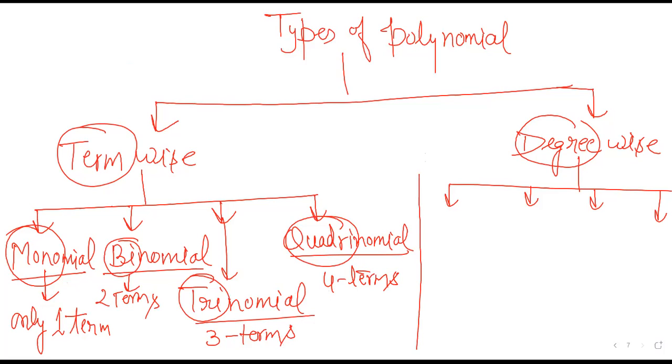Now, degree-wise, the first one is linear, or you can say simple polynomial. Second is quadratic polynomial. Third is cubic polynomial. Linear means the polynomial has degree 1. Quadratic has degree 2. Cubic has degree 3. How do you get the degree?